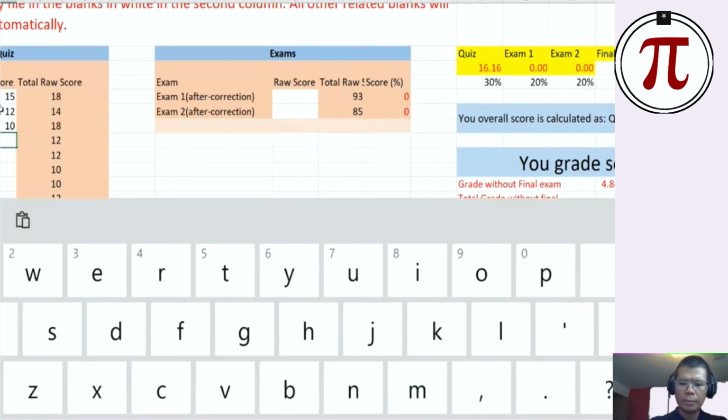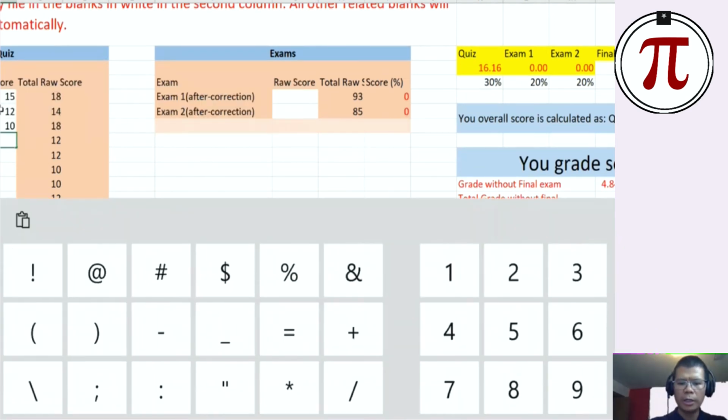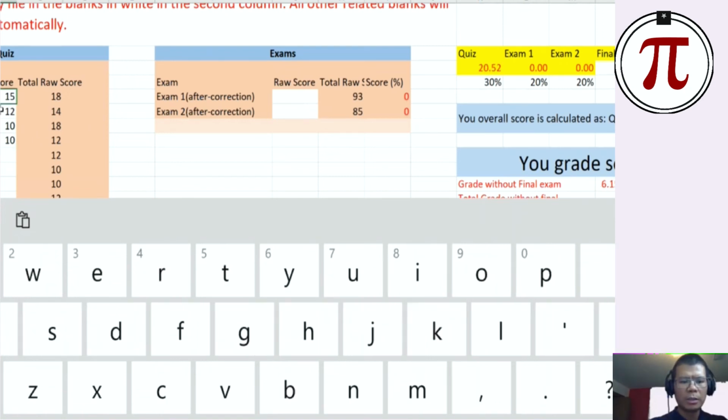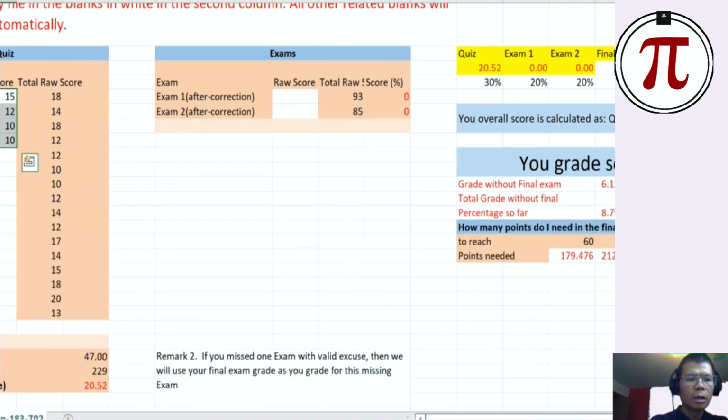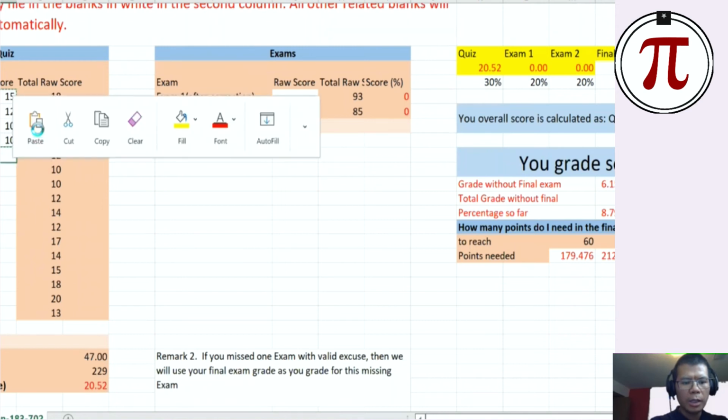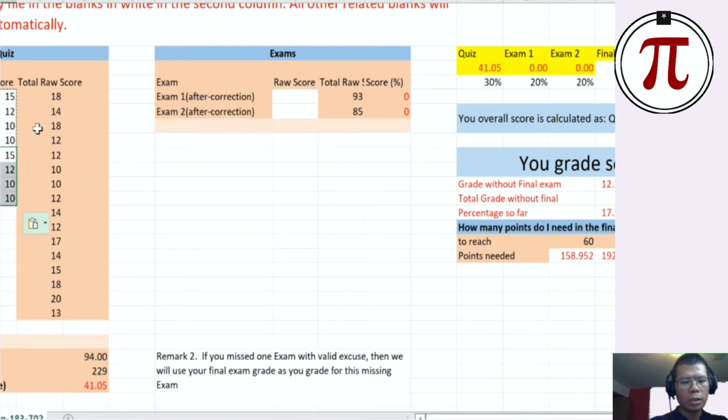Let me say 14, 10, another 10. Now let me see if I can copy and paste. I'm going to just copy and paste, or you can just do yours. These are hypothetical scores.